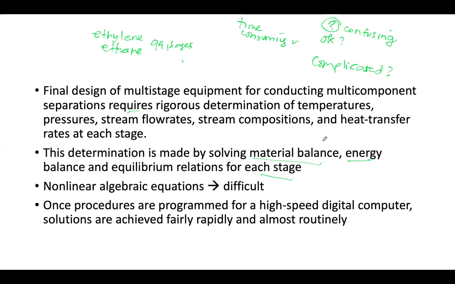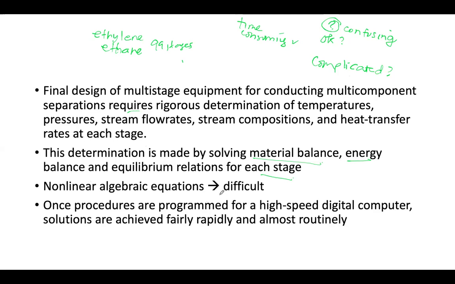But if we have 99 stages, or even 10 stages, and we want to solve them simultaneously, it's going to be very difficult, because it is a non-linear algebraic equation.